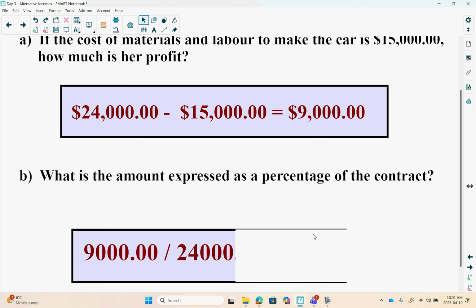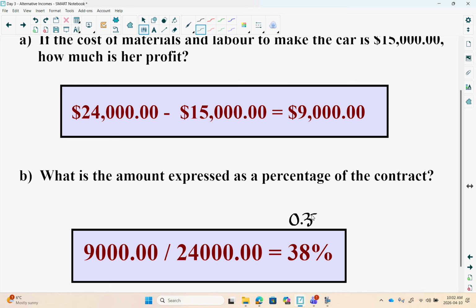What's 9 divided by 24? You can forget the thousands. I get 0.375. Okay. 0.375 is the decimal. And then how do I change that decimal to a percentage? Multiply it by 100. So it's 37.5% or 38%. I'd probably just leave it at 37.5%.